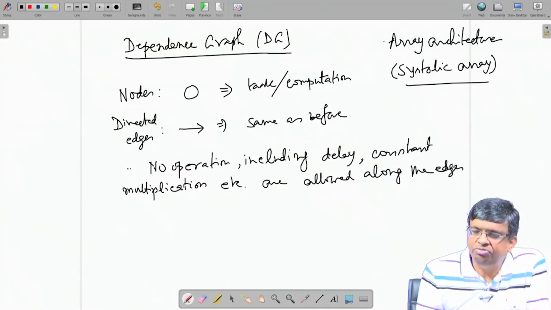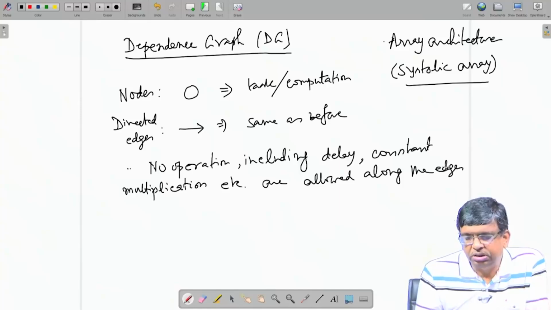Remember, in the case of SFG, we allowed certain operations like delay and also constant multiplication in the edge. In the case of DFG, constant multiplication was ruled out, but delay was allowed. Here, none of them is allowed.